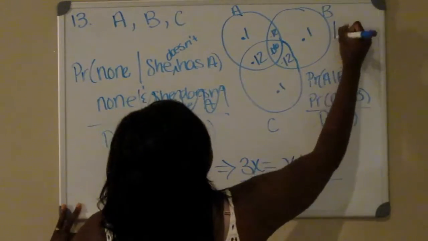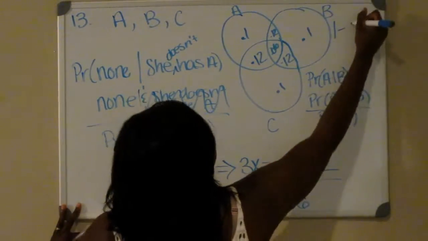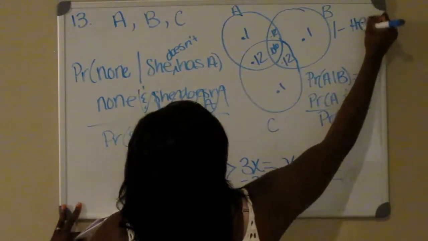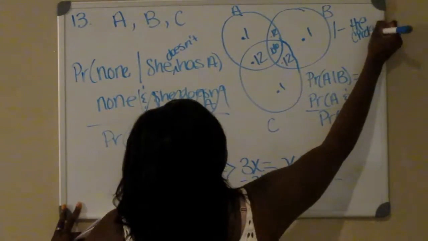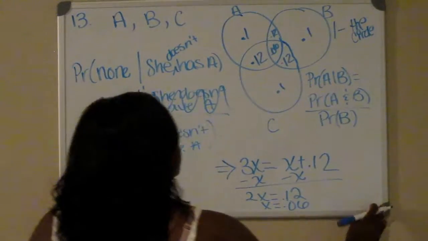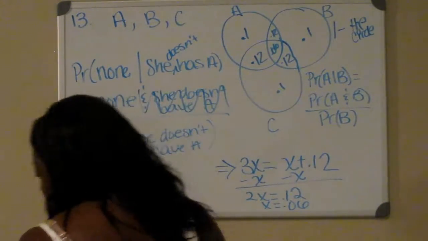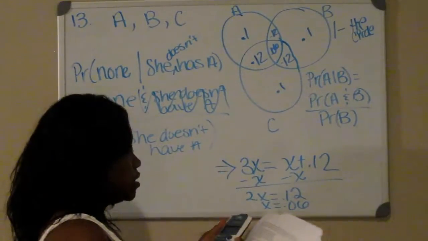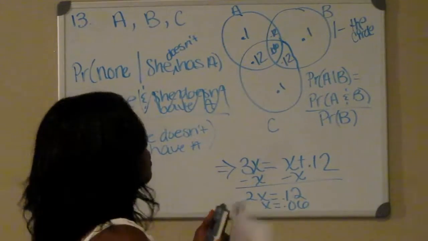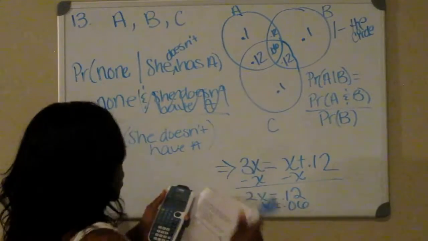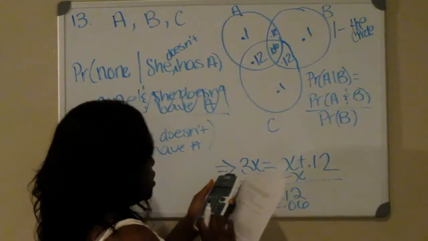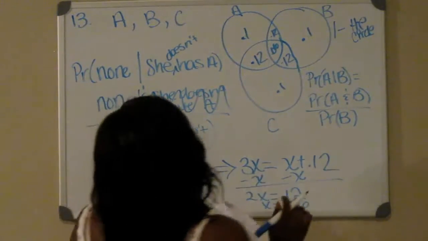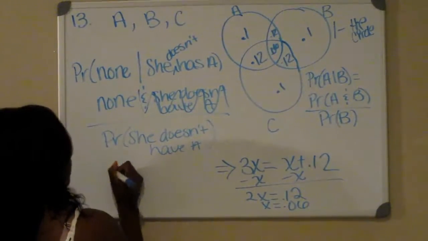So it's going to be 1 minus everything in the circle. I'm going to pull out my handy dandy calculator and I'm just going to go ahead and do this. Probability of being inside of the circle is 0.72. 1 minus 0.72, we have 0.28 for her having none.